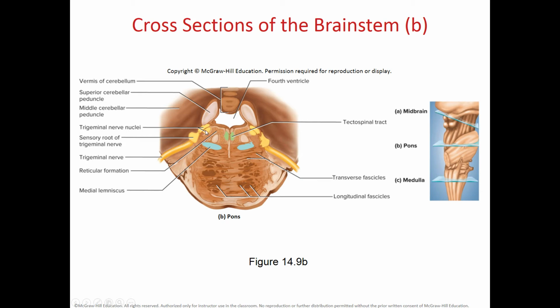And then in here we have the nucleus for the trigeminal nerve, and then here we have the medial lemniscus, and we also have the other nuclei for the other nerves like 6, 7, and 8, but they are not shown in here because they are a little bit deeper.